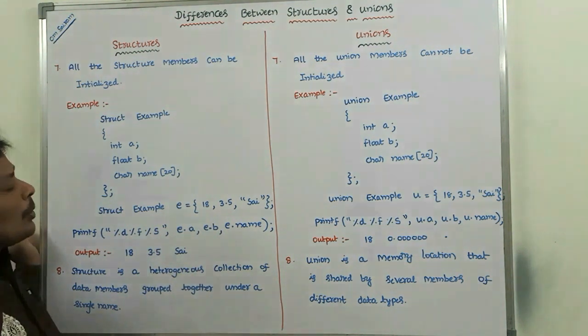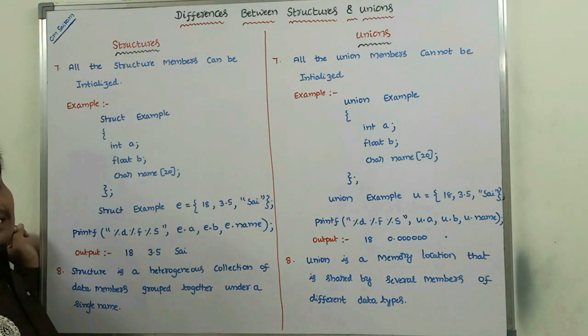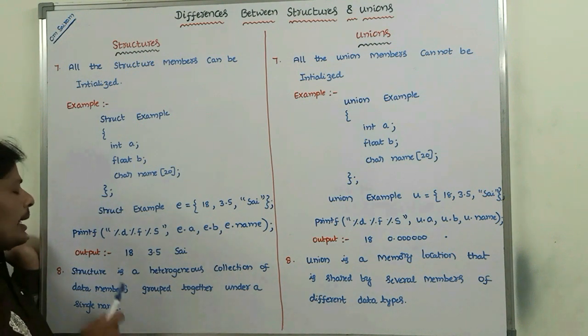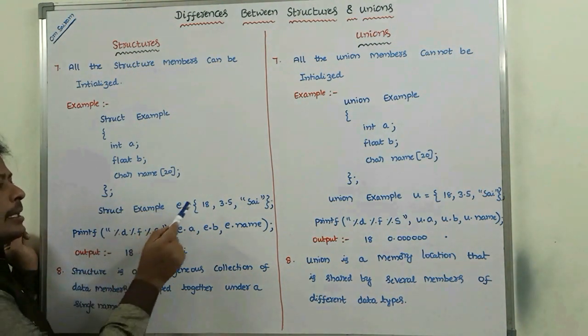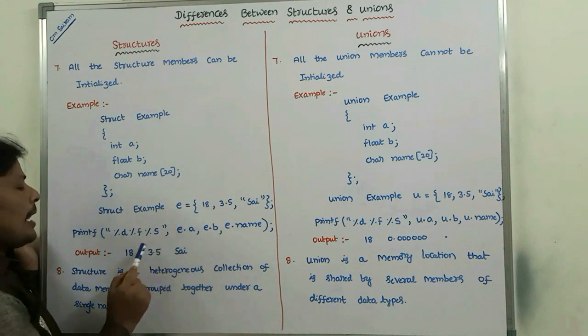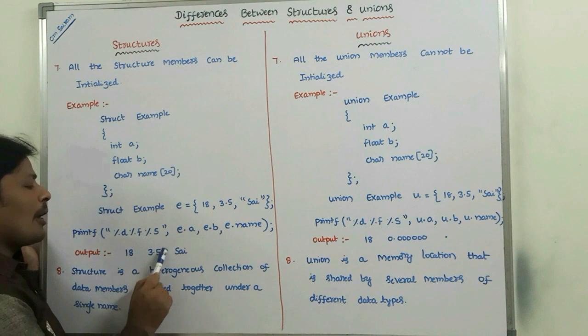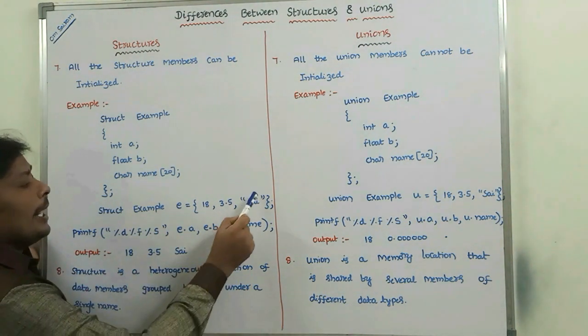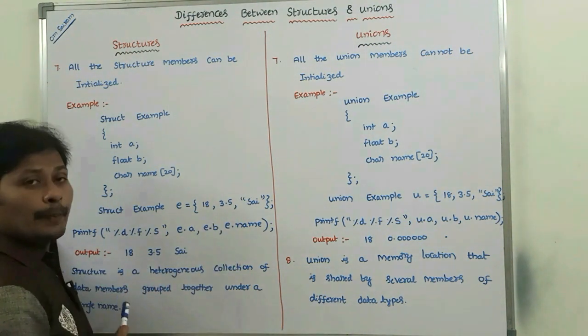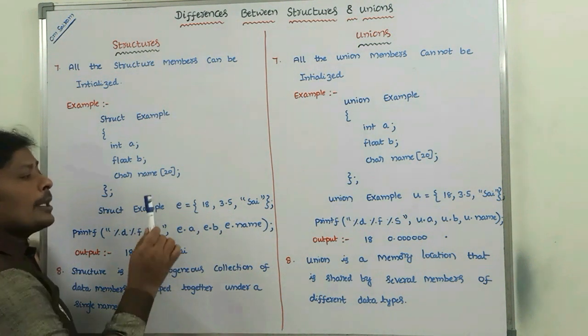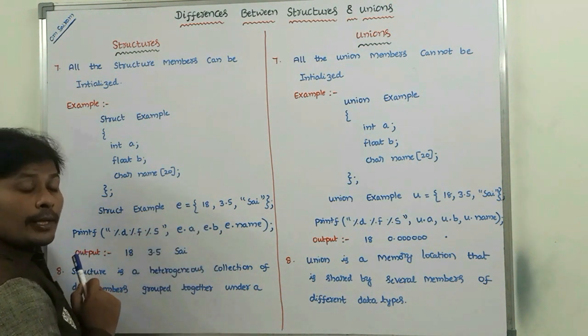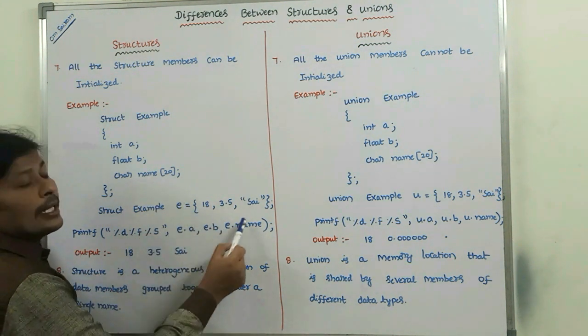So here we are initializing all the data members at a time. Then what is the result we are getting? The e dot a value 18 is printed, the e dot b value 3.5 is printed, and the e dot name value Sai is printed. So all the data members of a structure can be initialized at a time.